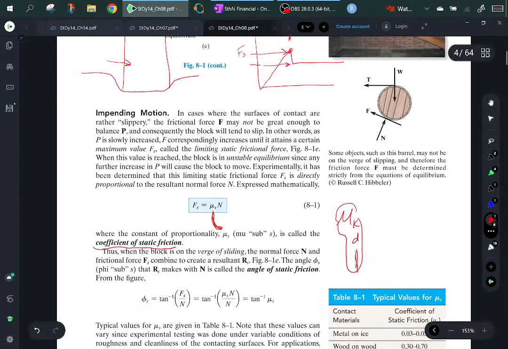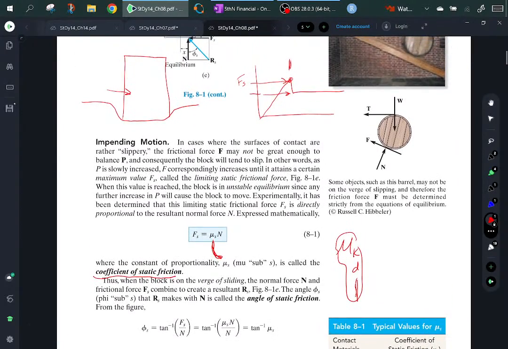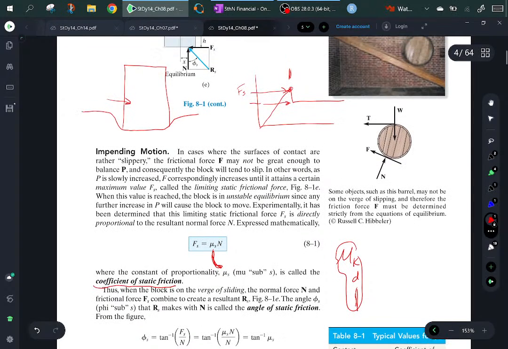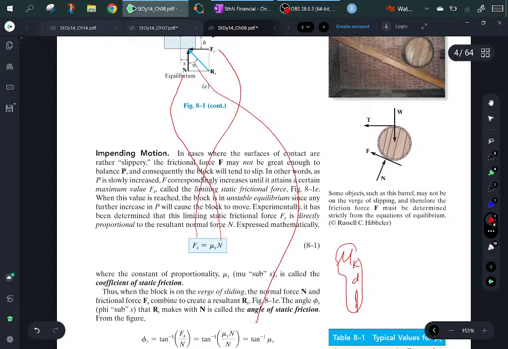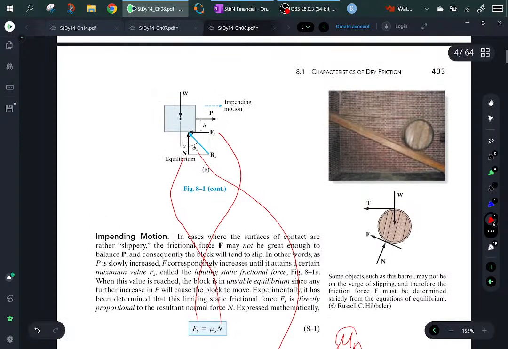So what happens is often he will relate the normal force to the frictional force, and he relates it through this angle here. And it turns out there is a relationship. You can basically measure that angle and get the mu k out of it.